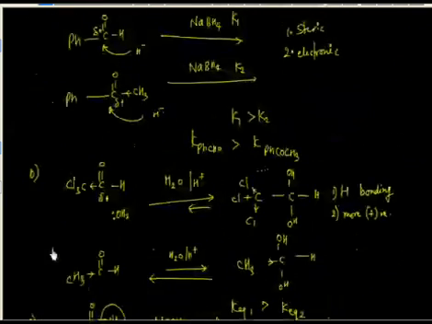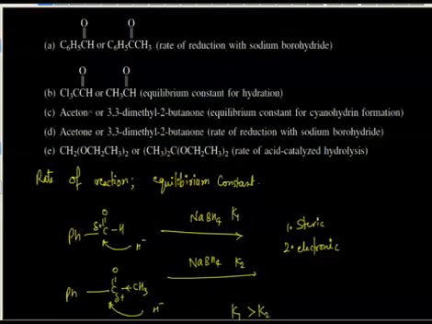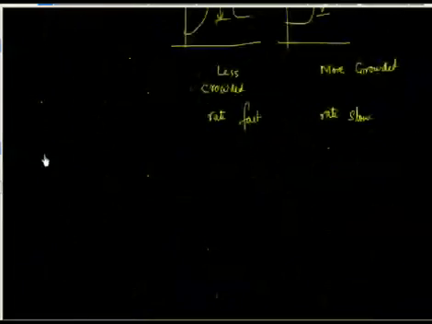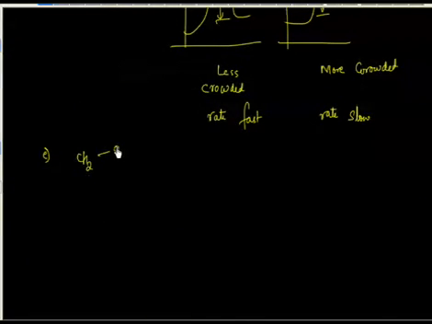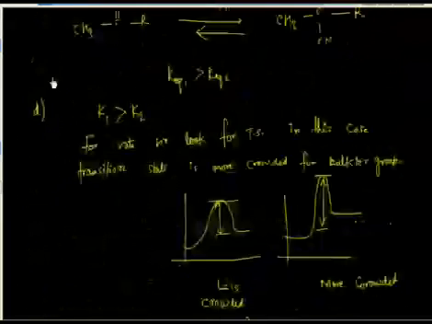Now let us say E part, what we have. So we have basically CH2(OCH2CH3)2, that is basically an acetal. So this is hydrolysis of acetal. In one case you have again CH3 group. So let us say CH2 with OCH2CH3 two times.